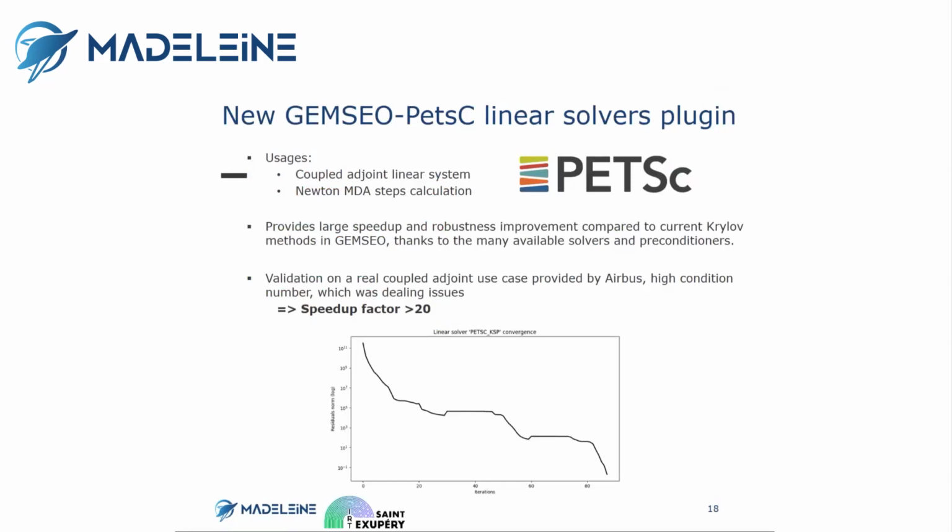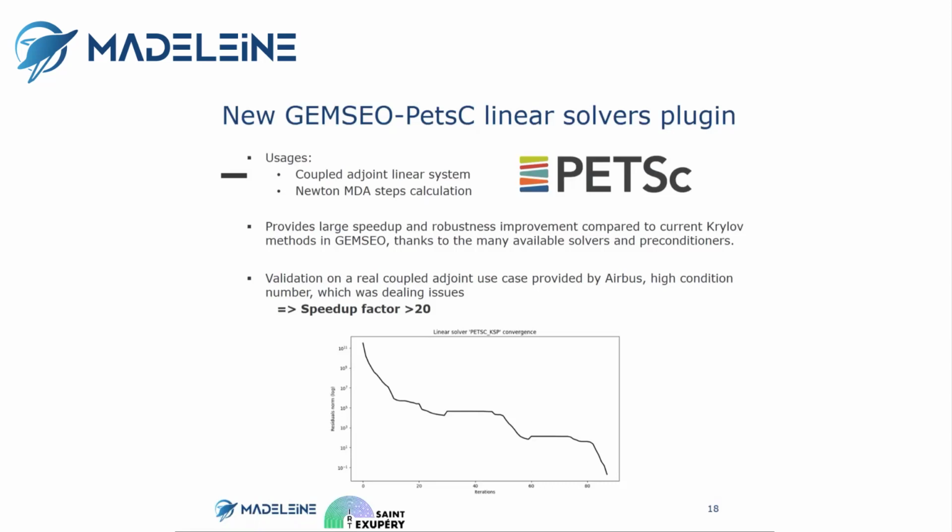Before the MADELEINE project, we were using mainly Krylov methods based on SciPy, and those were dealing with robustness and convergence issues. In this project, a lot of effort was made on the linear solver resolution. This will be presented just after by Optimad.